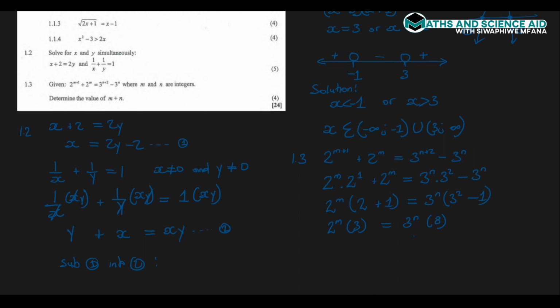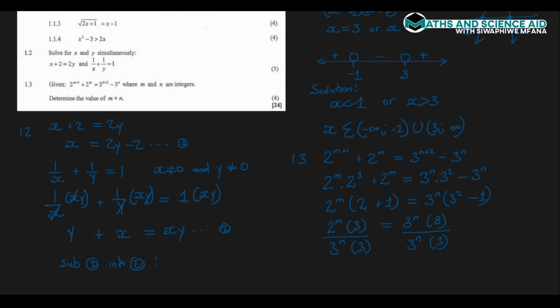And now what can we do from here on? Well, let us isolate these exponential numbers on one side of the equation and also isolate these coefficients into one side of the equation. So how can we do that? Well, we can divide by 3 to the power of n on both sides of the equation, and also divide by 3 on both sides of the equation.